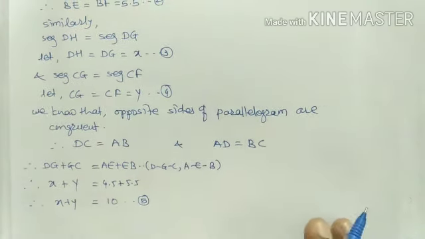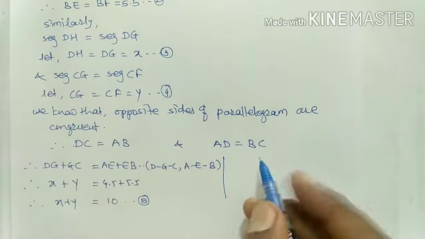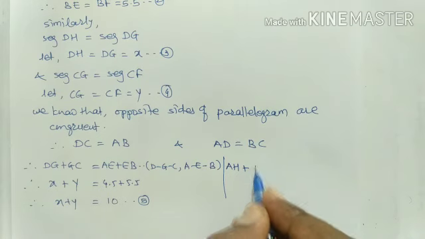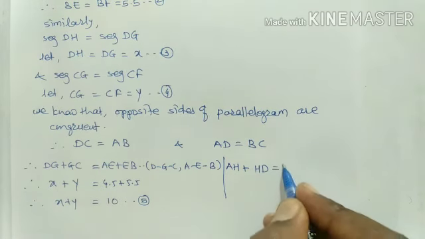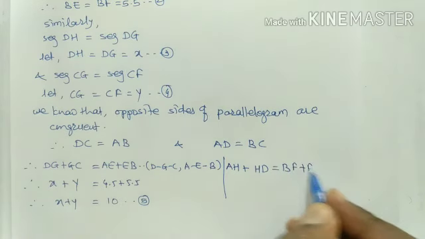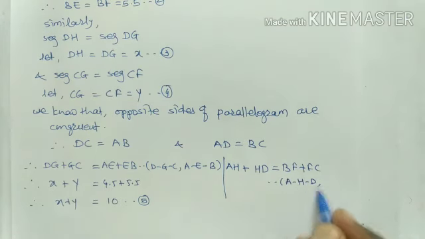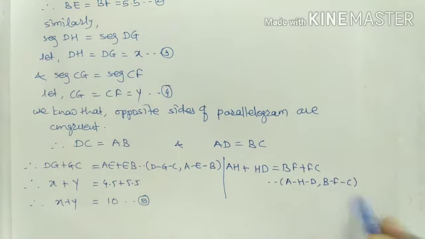Now this AD equals, see in figure, AH plus HD equals BC equals BF plus FC. Reason लिहूया A-H-D and B-F-C. This is the betweenness relation.